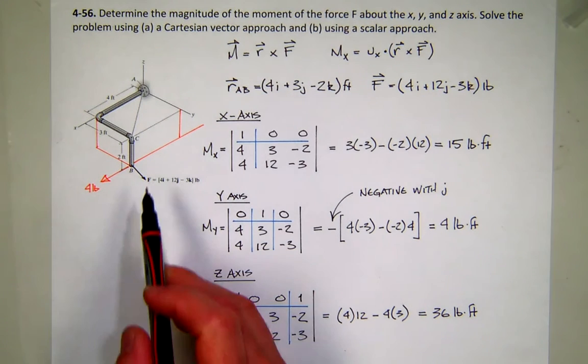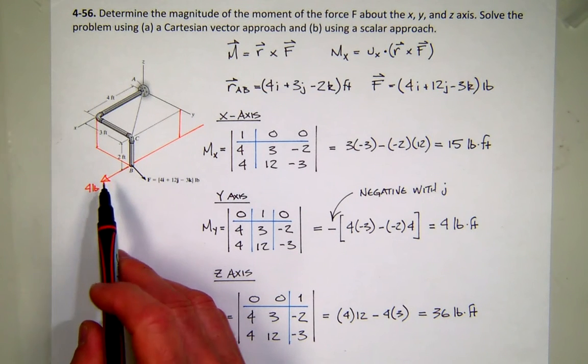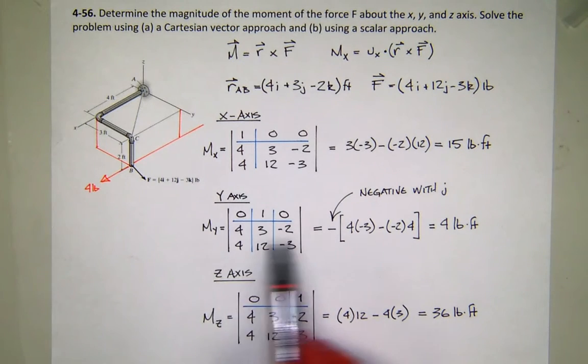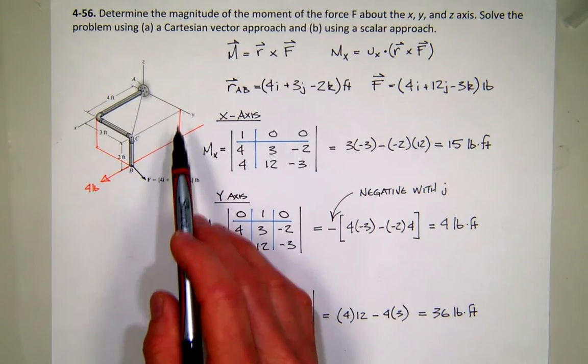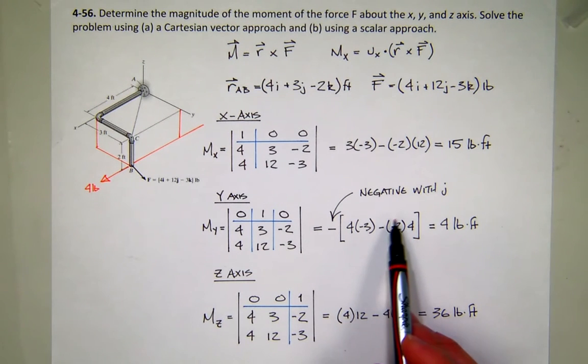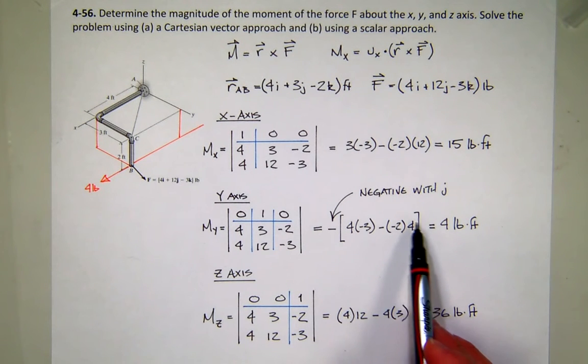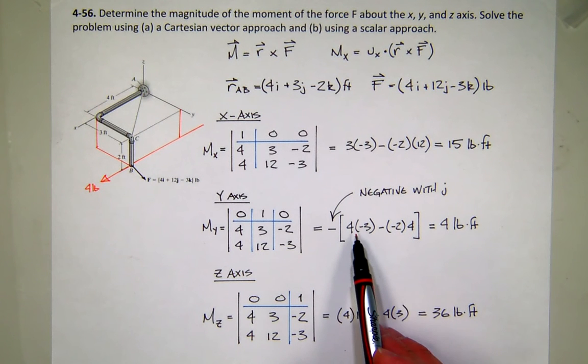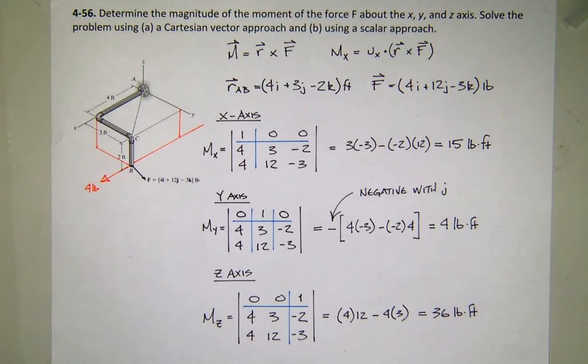You'll notice that about the y-axis, I have a moment of 4 times 2, and you can see there's my 4 component. What else creates moment about the y-axis would be the z component.